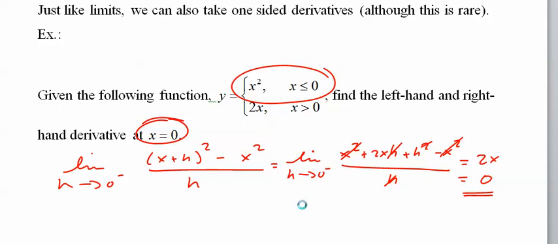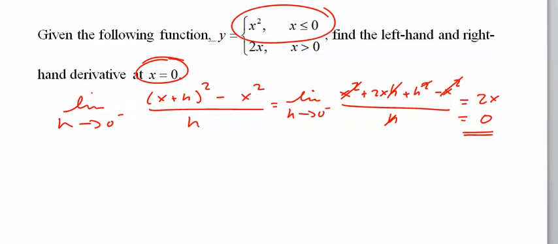So what about on the right-hand side? The limit as h approaches 0 on the positive side, you got to watch this. This is tricky.